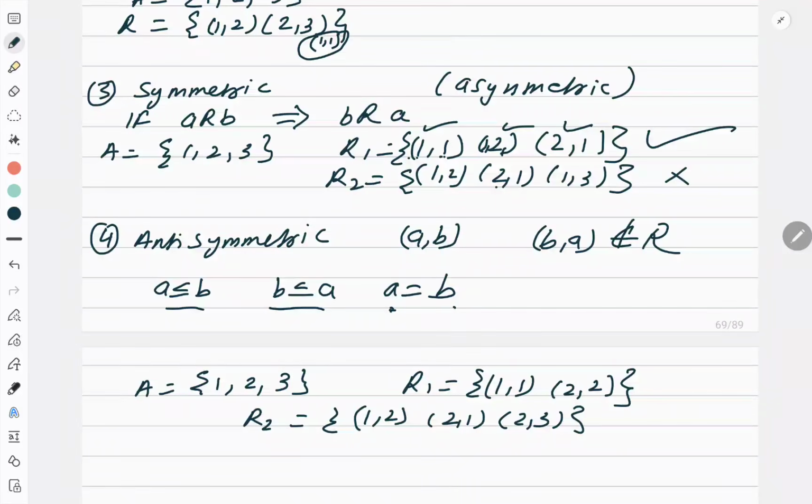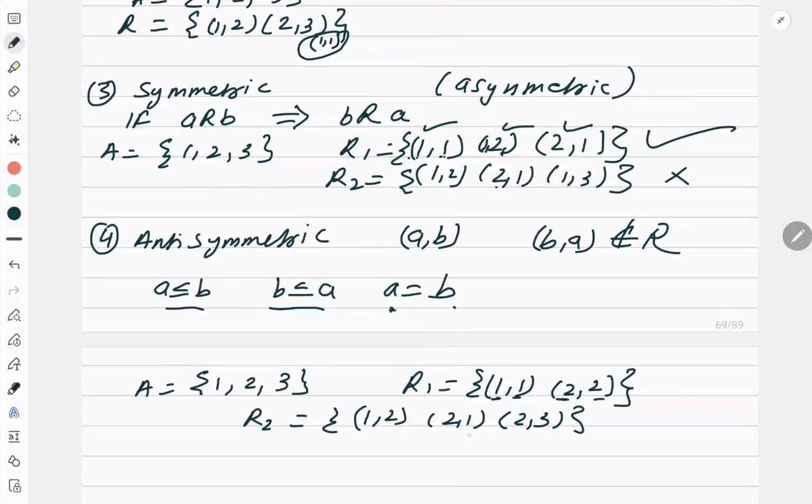If you check R1, it is symmetric because for 1 comma 1, 1 comma 1 is there, and for 2 comma 2, 2 comma 2 is there. And it is antisymmetric also. Why? Because A is R related to B and B is R related to A is applicable only when A and B are the same. See here, A and B are the same. So this is symmetric as well as antisymmetric.